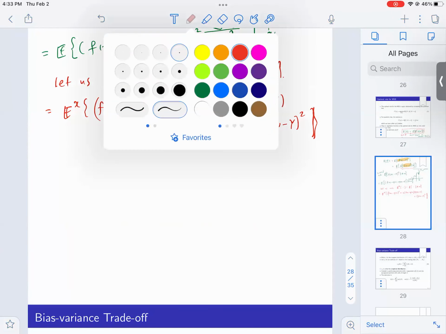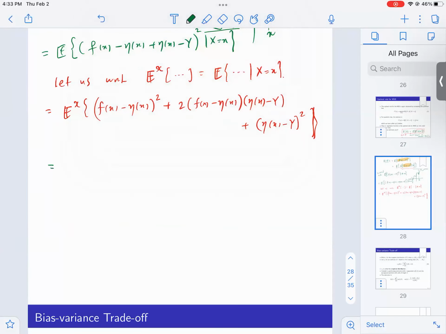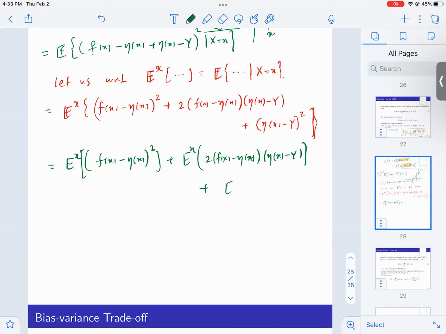So I get expectation x of f of x minus eta of x squared, plus 2 f of x minus eta x times expectation of eta x minus y, plus expectation x of eta x minus y squared. Okay, so I get 3 terms.